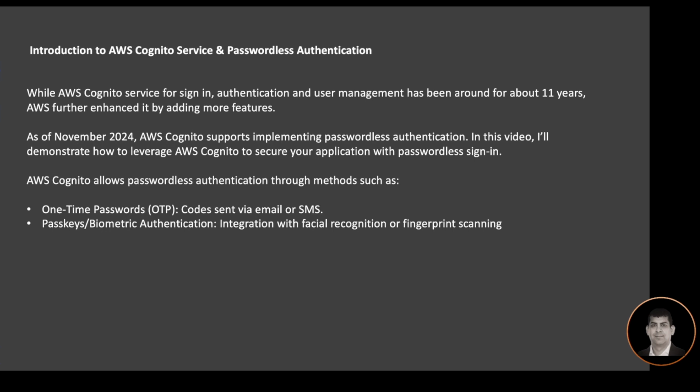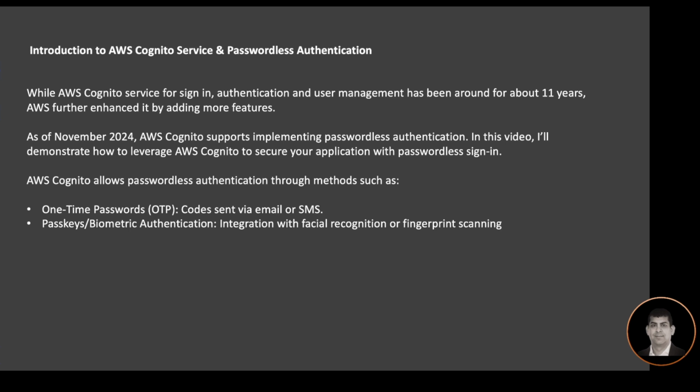So let's look at the introduction to the AWS Cognito service. While AWS Cognito for sign-in, authentication, and user management has been around for about 11 years, AWS further enhanced it by adding more features. As of November 2024, AWS Cognito supports implementing passwordless authentication.